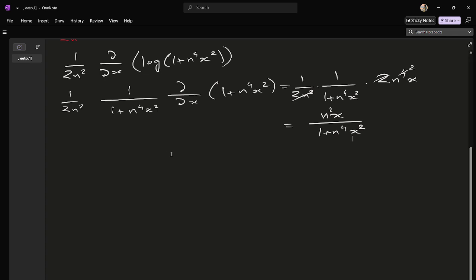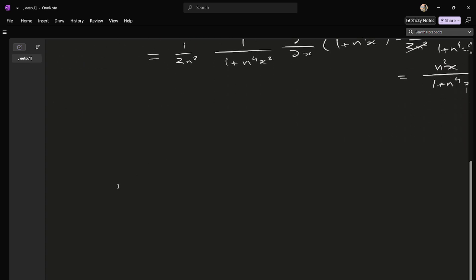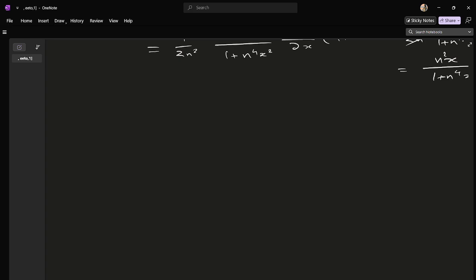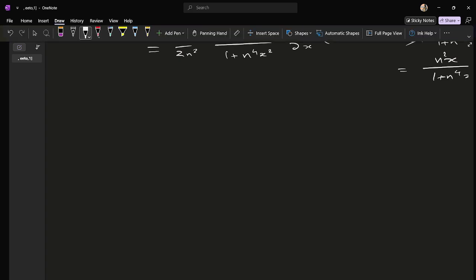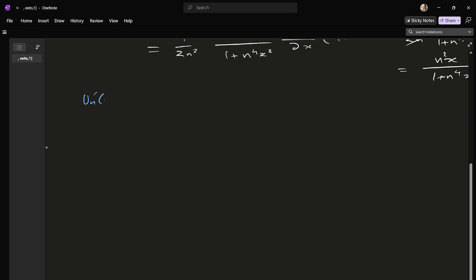Now we have to do the term by term differentiation. We have to check whether that holds or not. The derivative of the nth term, u_n dash x, is del u by del x.